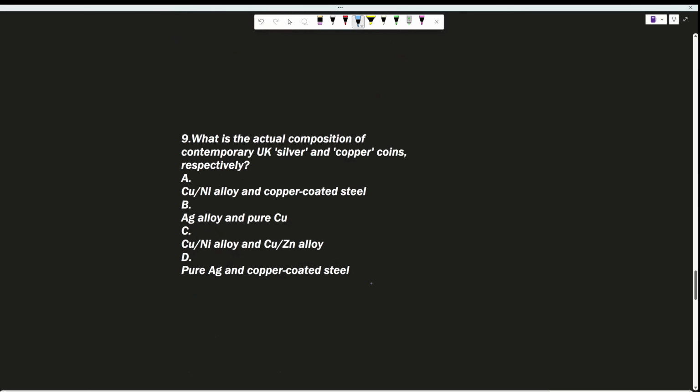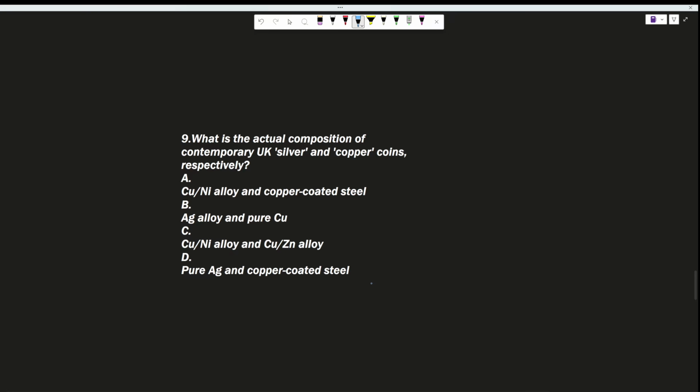Next, what is the actual composition of contemporary UK silver and copper coins respectively? UK silver coins are a copper and nickel alloy, and copper coins are copper-coated steel.